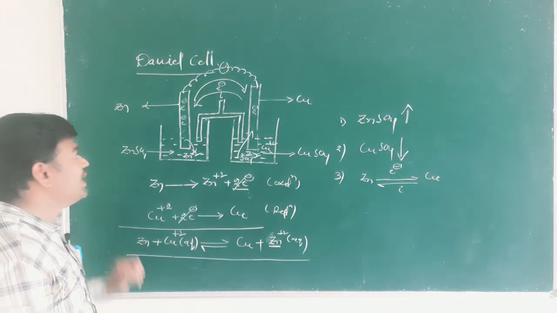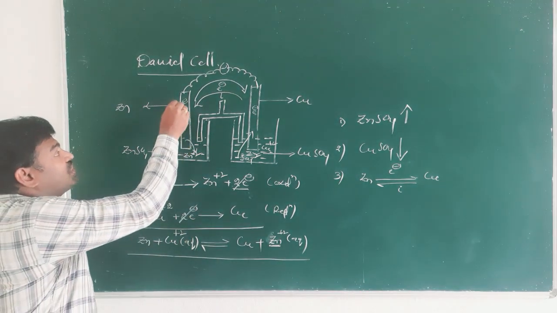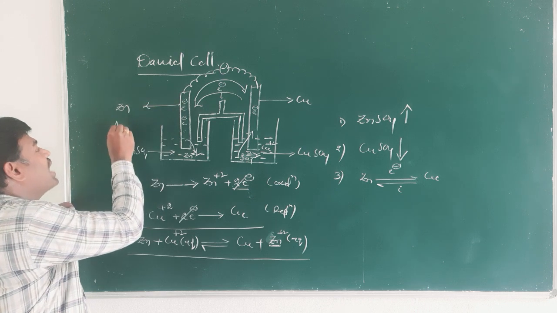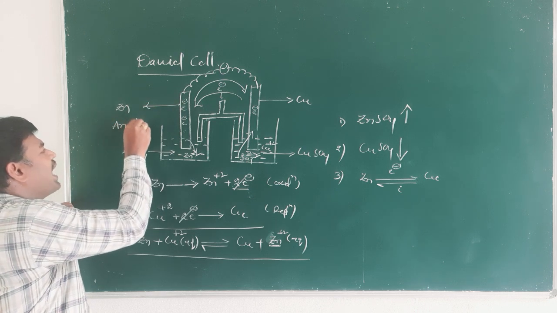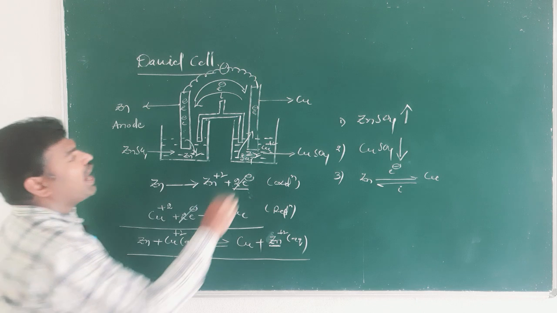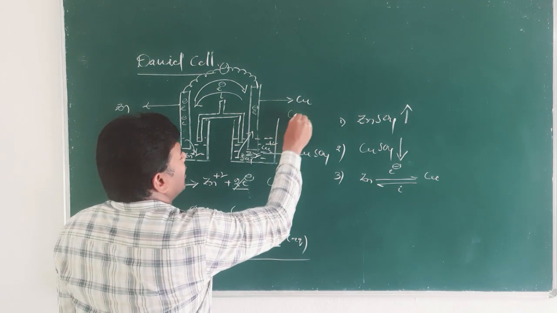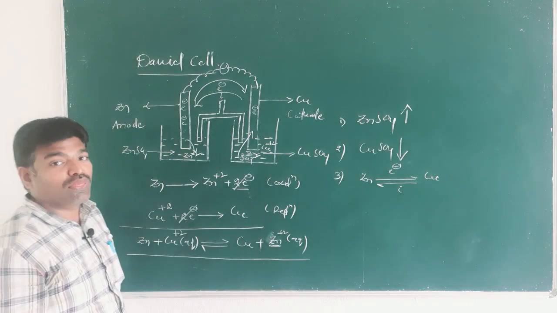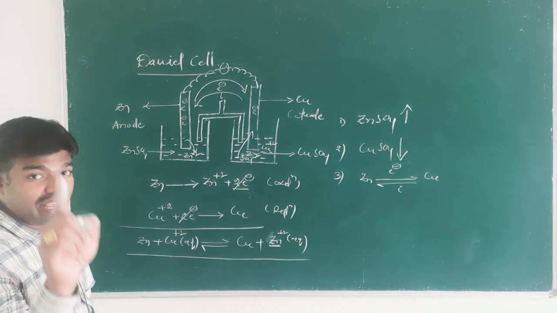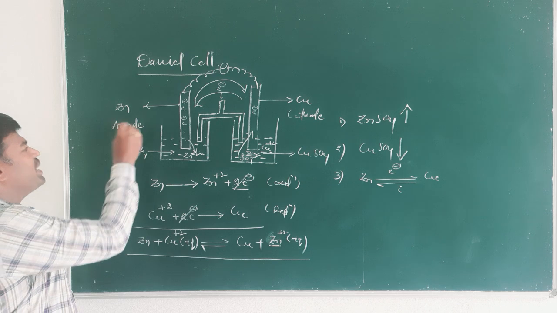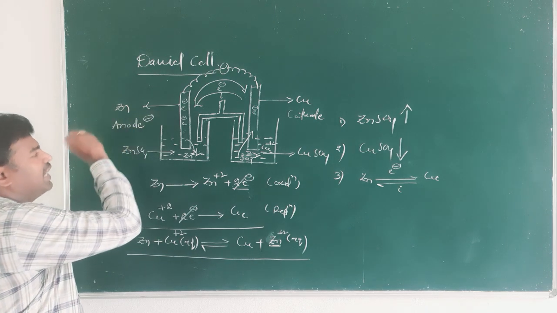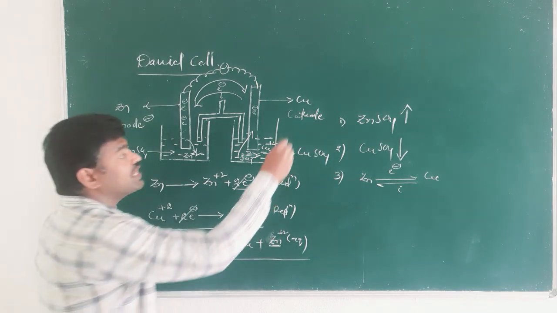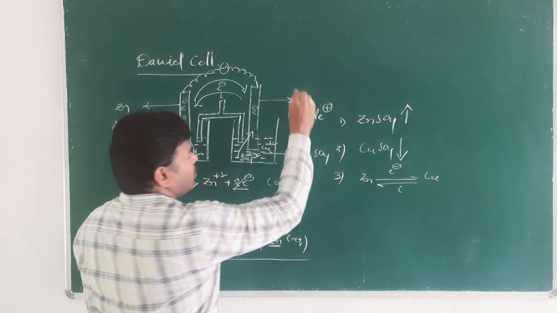Okay, and so due to oxidation, this zinc rod acts as the anode, and copper acts as the cathode. Here in the Daniell cell, anode means negatively charged electrode, cathode means positively charged electrode.